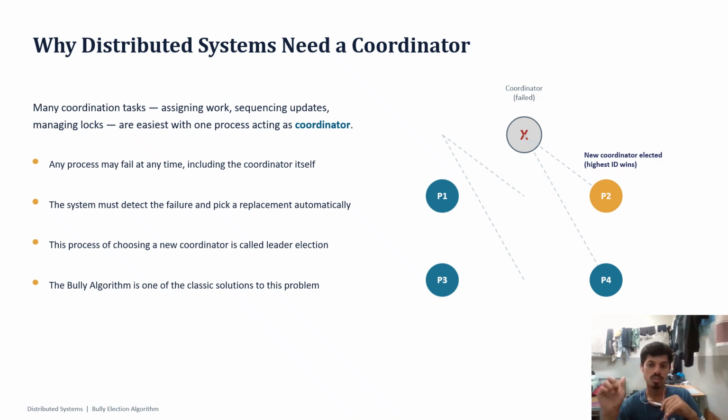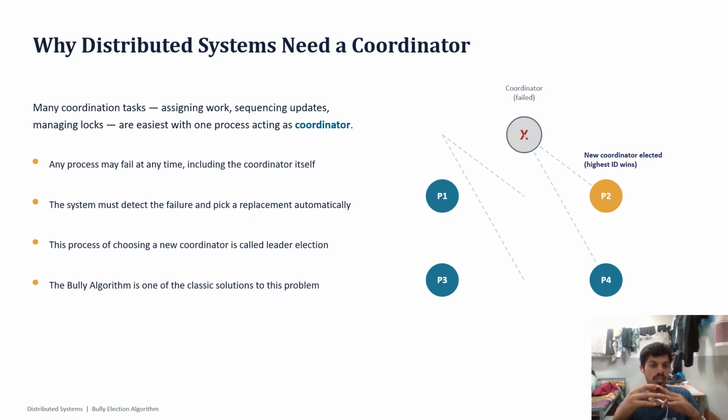So the one process will act as a coordinator, and roles will be assigned by the coordinator to every other process. So how does it work? Any process may fail at any time, including the coordinator itself. Then the system must detect a failure and pick a replacement for that particular process.